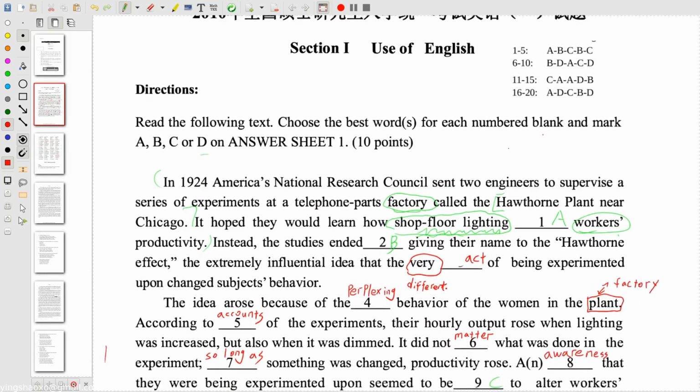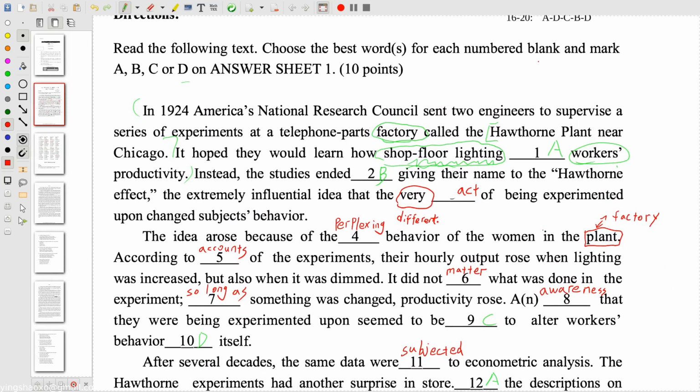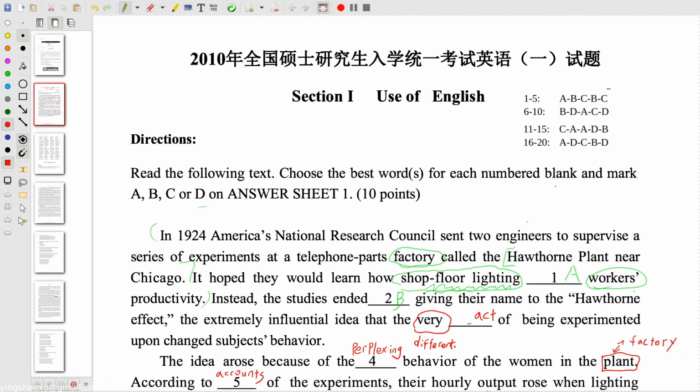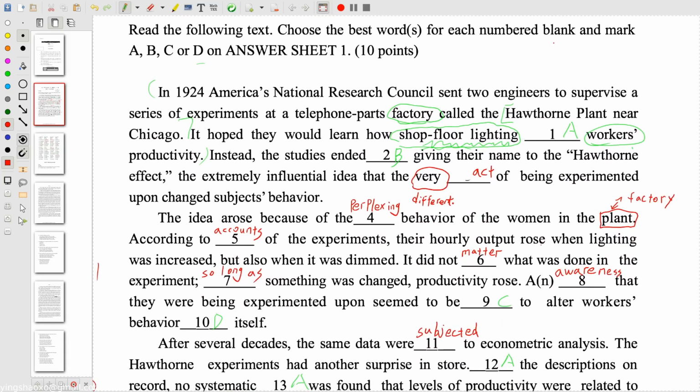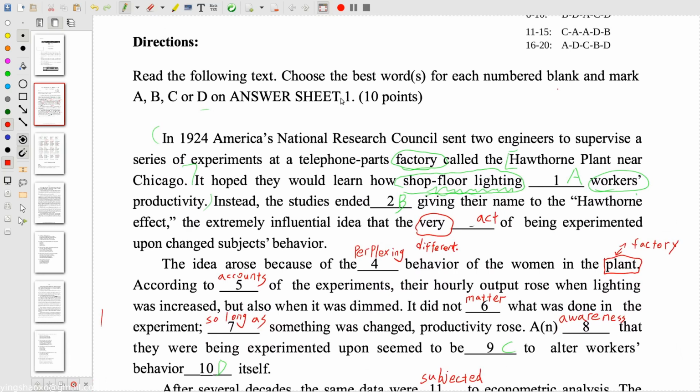Not so bad, but also not that good. So I still have to work on learning English to be able to pass this exam. Anyway, let's start the reading.